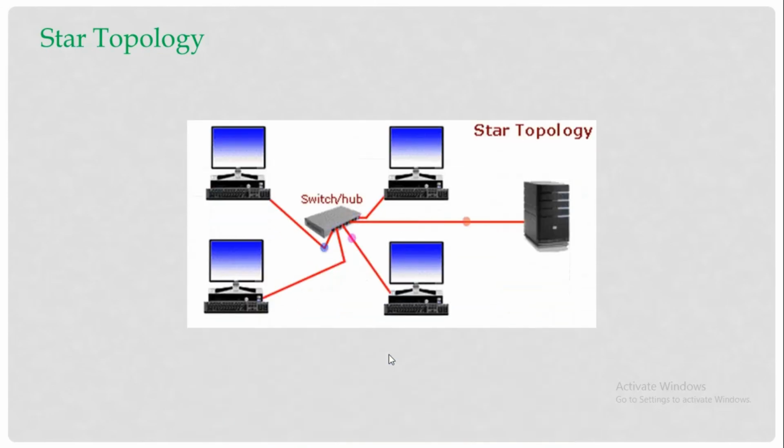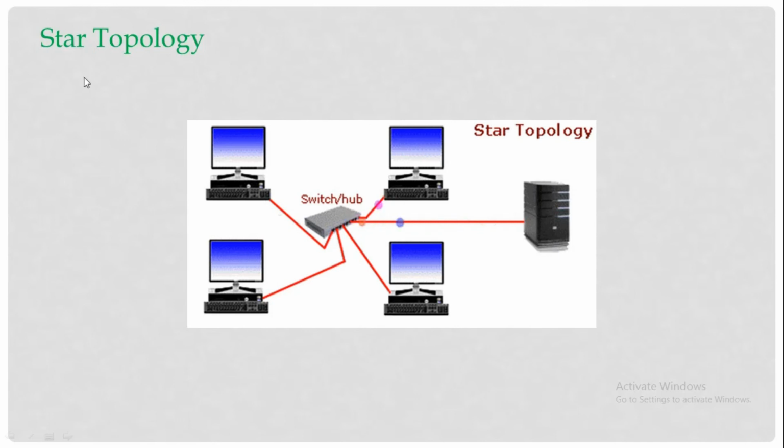Next, let us see about a star topology. In star topology, a switch or hub will be connected. There will be a centralized point, and at that centralized point a switch or a hub will be connected, and using this switch or hub many systems can be connected, for example 10 systems.